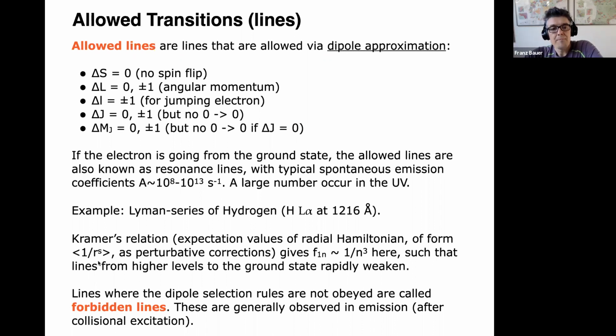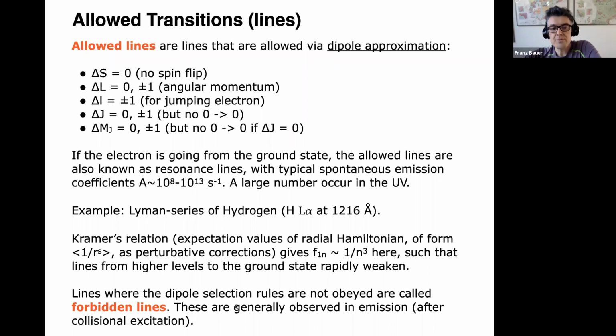So these are for allowed lines, and then there's another subset of lines where these dipole approximation selection rules are not obeyed. These are typically called forbidden lines, and there are a couple of different forms of them, semi-forbidden and fully forbidden lines.